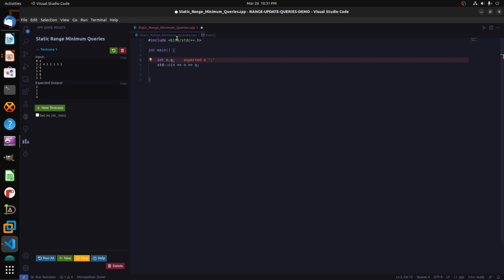Then we will fill the original array by the given values. We fill the original array by the values given in the problem here.